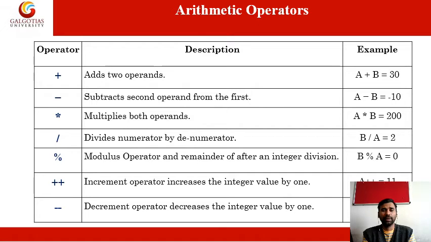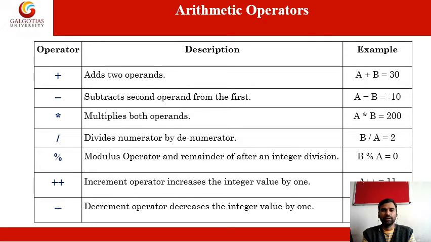Next one, the modulo operator. The modulo operator gives the remainder of the integer division. Suppose b is 20 and a is 10. 20 modulus 10: the quotient is 2 and the remainder is 0.